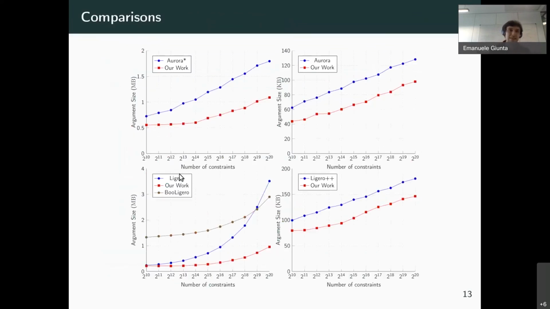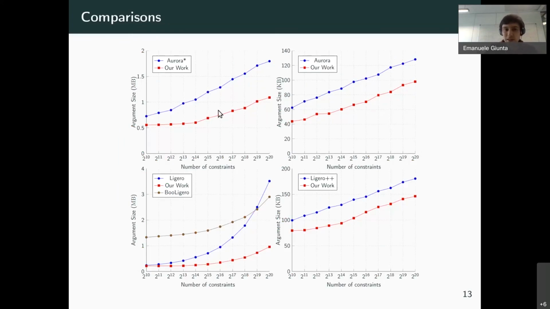Since this talk is a little bit more applied, we also made comparisons with previous works. I stress again, only in the case of Boolean sets of constraints, essentially Boolean R1CS. In this case, we compare with several works. Actually, there are many more SNARKs, and we cannot apply our technique to all of them, but those are the ones that we can apply it to.